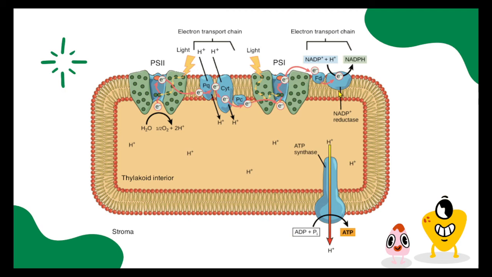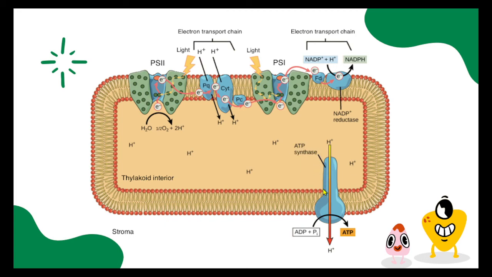And then I want you to look at this part. So you see, because of the electron traveling through different electron carriers, hydrogen ions were also entering the interior. See? It's coming in. And because of that, there is a buildup of hydrogen ions inside. So now, ATP synthase, which is an enzyme, goes to work.